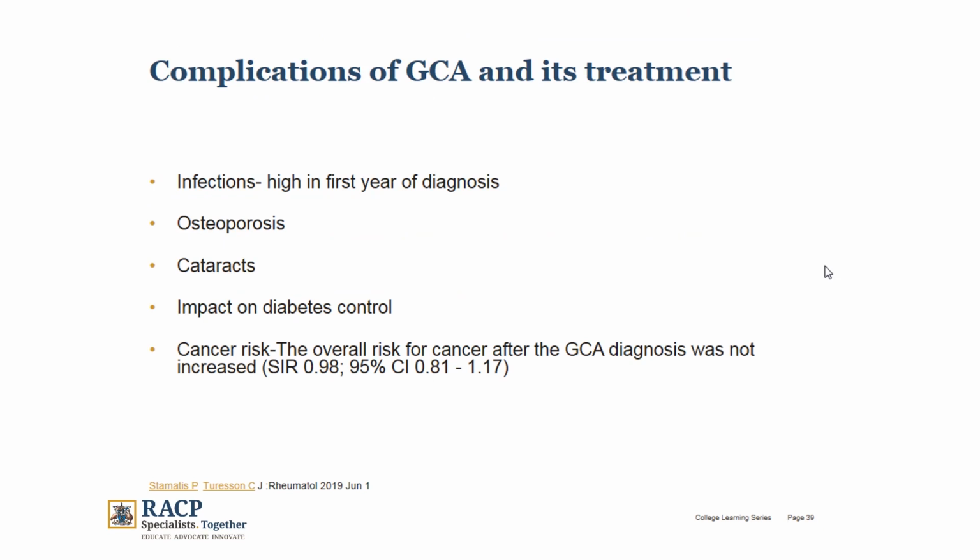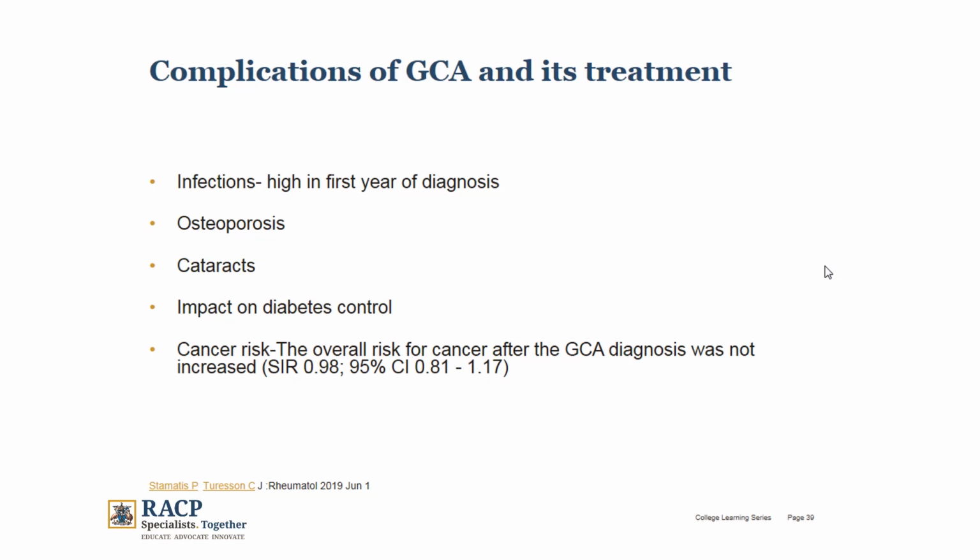Giant cell arteritis has a number of complications related to both the ischemia as well as to treatment of giant cell arteritis, and these include infections, which is particularly high in the first year of diagnosis.